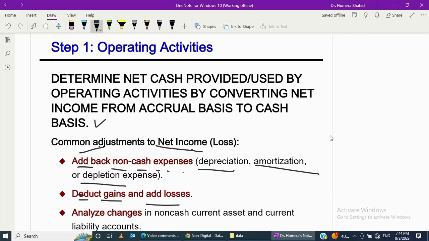So only 3 items from the income statement you will be taking: net income, depreciation and amortization, and gains or losses. Then directly you will move towards the balance sheet, current assets, and after current assets, current liabilities. So check all the non-cash current assets and current liabilities to make the adjustments, and in this way you will be preparing your operating activity section.